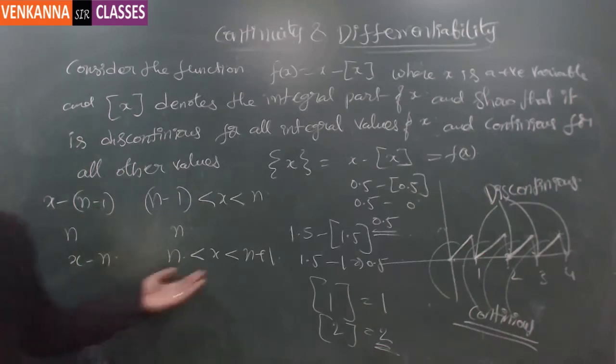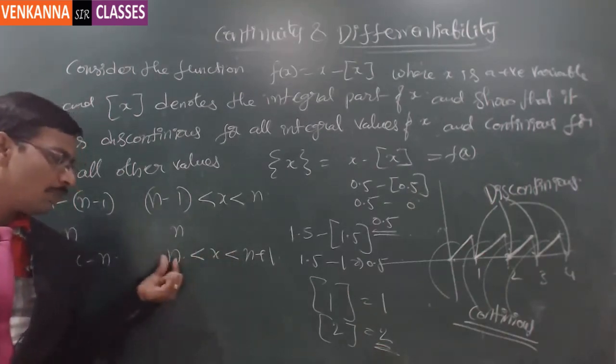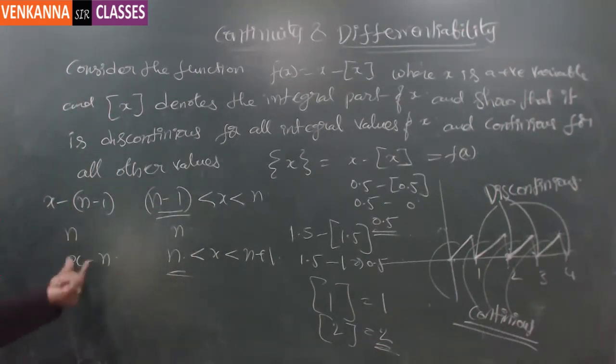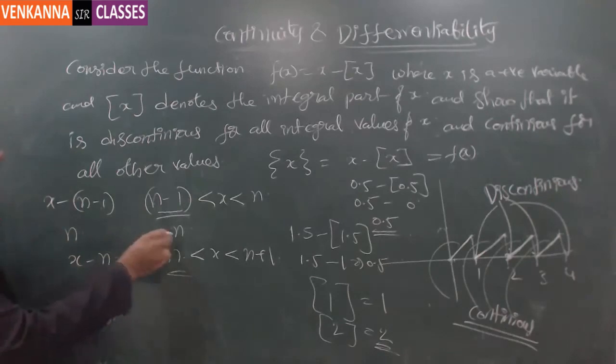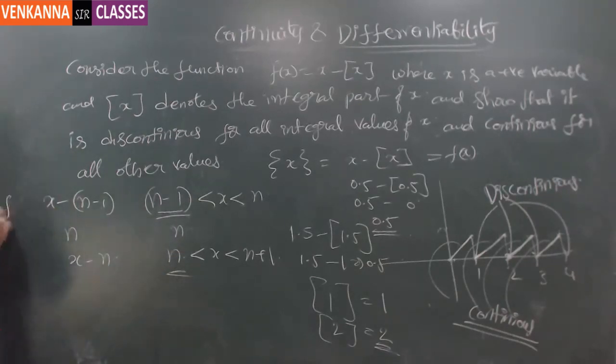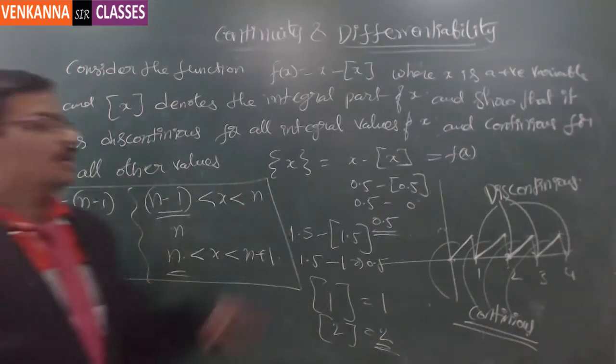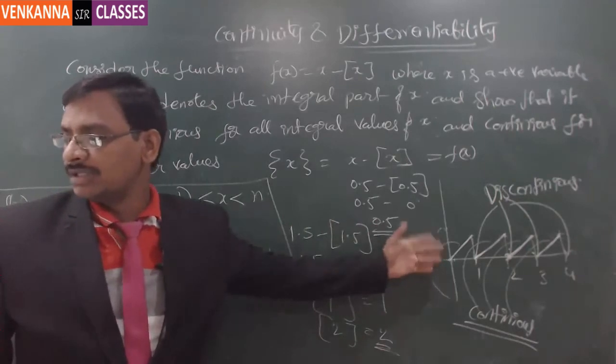So that is n to n plus 1, whichever is the lower part that it is going to take. So this is the lower part, this is the lower part. So x minus n minus 1, x minus n, but exactly at the integral part, this is exactly the same value. So this is the original function that was defined for the ranges specified here. If you are able to make out this particular function, you will be able to identify the continuity and discontinuity at every point in this equation.